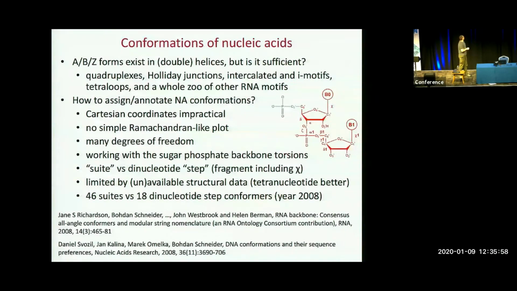RNA people designed these suites, which were described only by seven torsions. They didn't include the rotation of the base, so it was really looking only at the backbone. The STEP actually includes the chi torsions. And at that time, there were 46 suites for RNA and 18 dinucleotide step conformers for DNA.